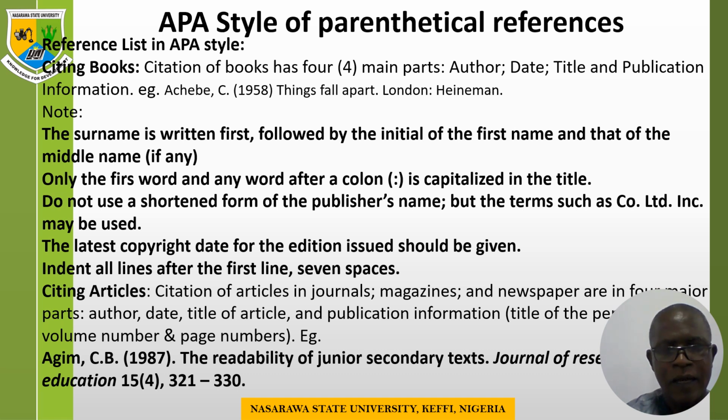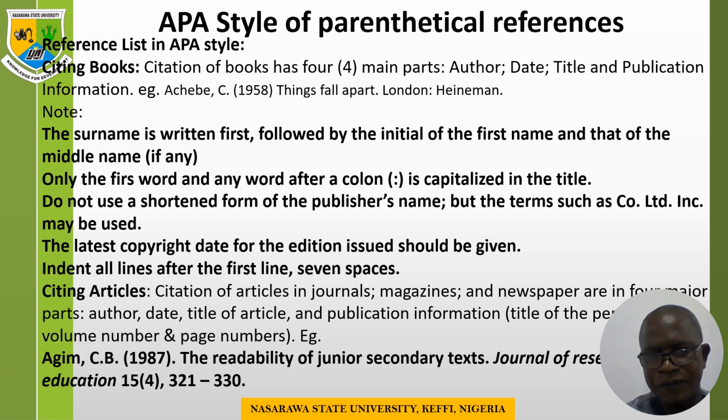Ajim is the surname of the writer or the author. C and B are his or her initials. Then the year 1987 in bracket, followed by full stop. Then the title of the article.